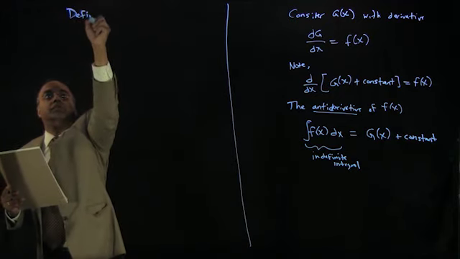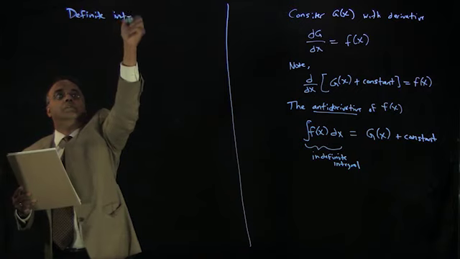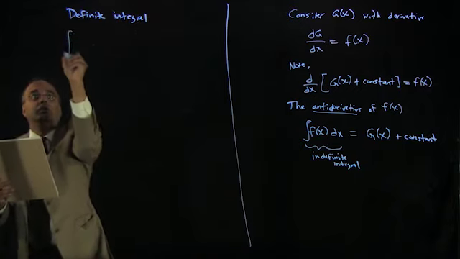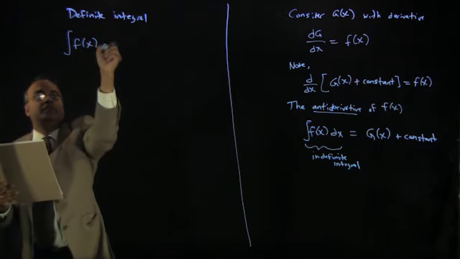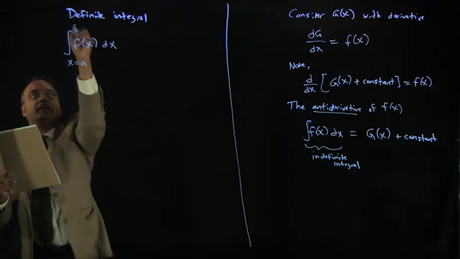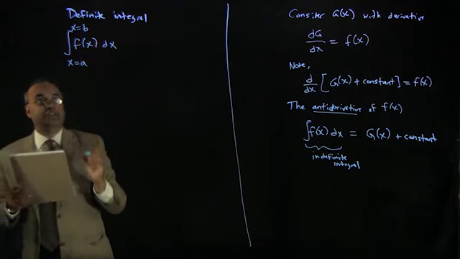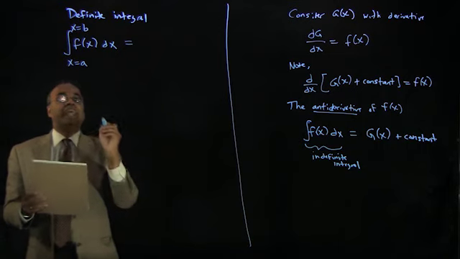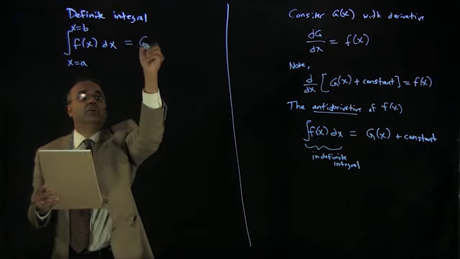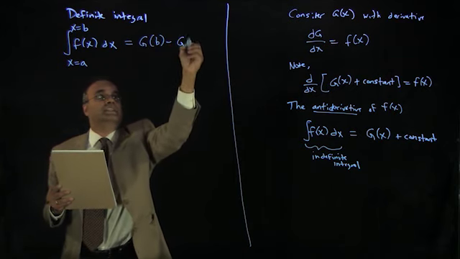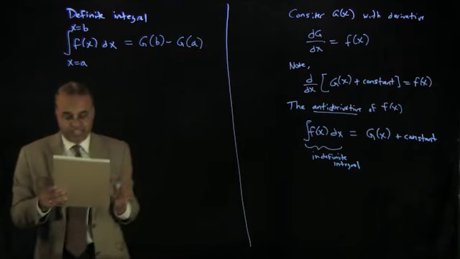So the definite integral, the integral of f of x dx evaluated from x equals a to x equals b. So this is the definite integral computed over some interval, is equal to the antiderivative at x equals b minus the antiderivative evaluated at x equals a.